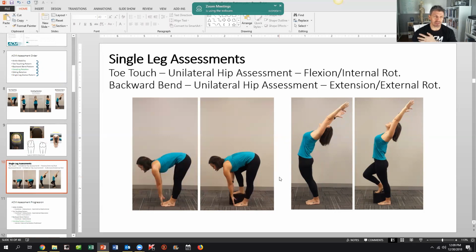So for instance, if someone's bending over to touch their toes, the right leg down, we're assessing the left hip flexion and essentially internal rotation. If you see a limitation in this position, you're going to also find it in that standing rotation, where their internal hip rotation is probably limiting that movement. So it helps give you a clear understanding of whether it's internal rotation or external rotation, which we're going to talk about here in a second. So hopefully that makes sense.